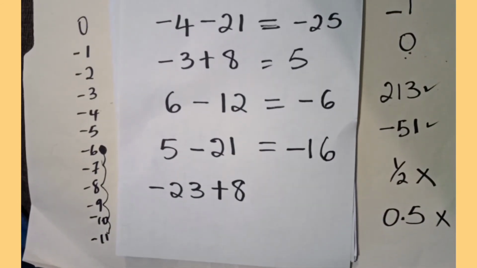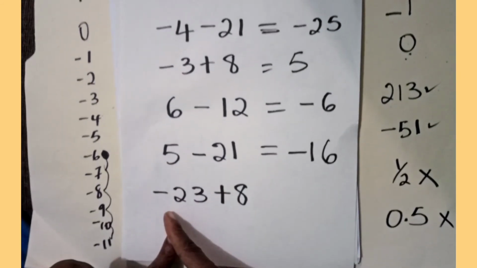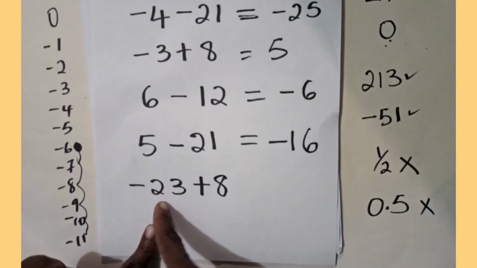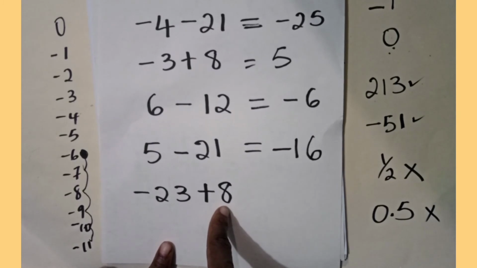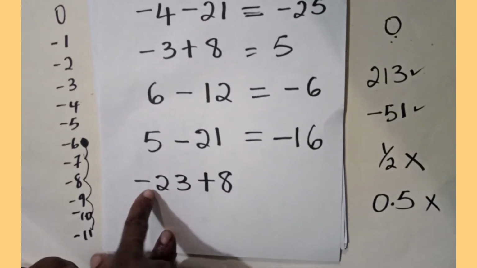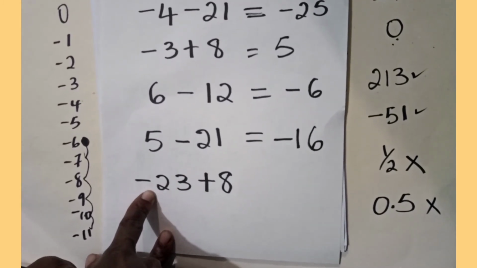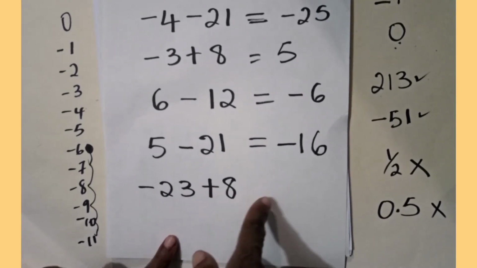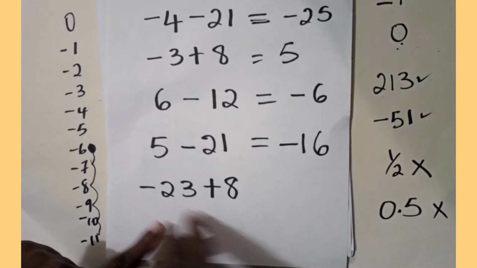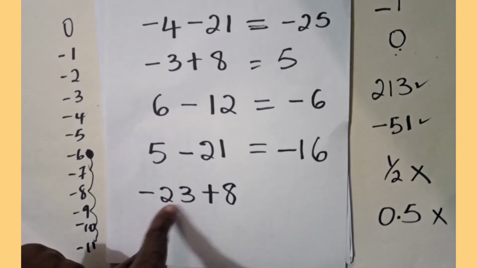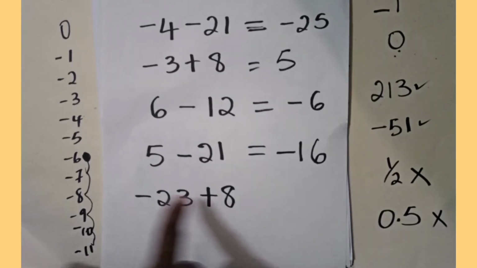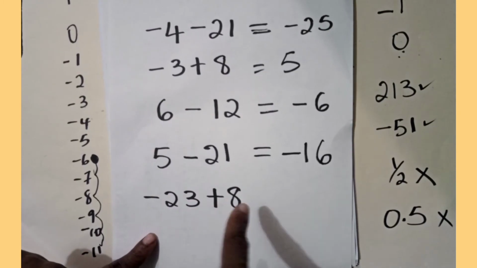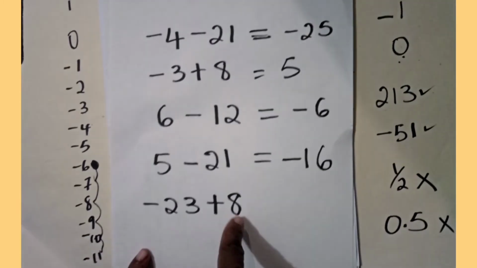I hope you got that one right. Look at this. You have a negative 23 and a positive 8. The bigger value is 23 and it is negative. So your result is going to be negative. Now, when I say bigger value, I don't mean that the negative 23 is bigger than 8. You know that the negative 23 is smaller than 8, way smaller than 8.